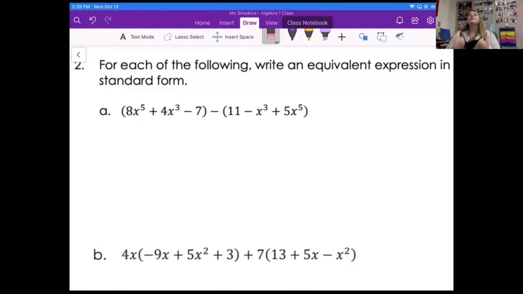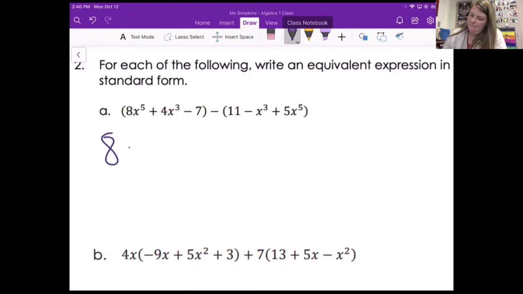Okay, so let's look at letter A, which I think by this point, okay, thanks, Terrence. By this point, I've seen most everybody's answers. So that first set of parentheses, technically you're multiplying by 1, so it's not going to change any values of the first set of parentheses. So we still have 8x to the 5th plus 4x to the 3rd minus 7.